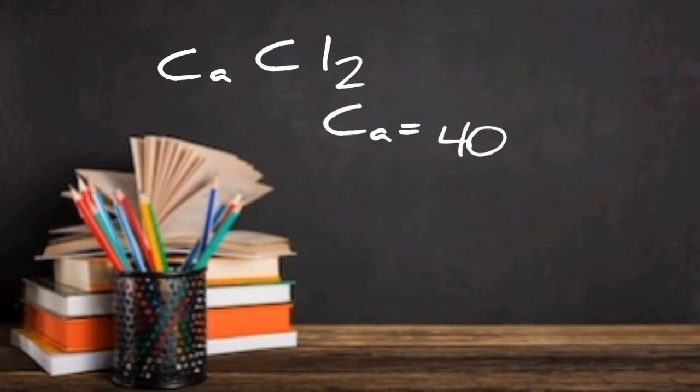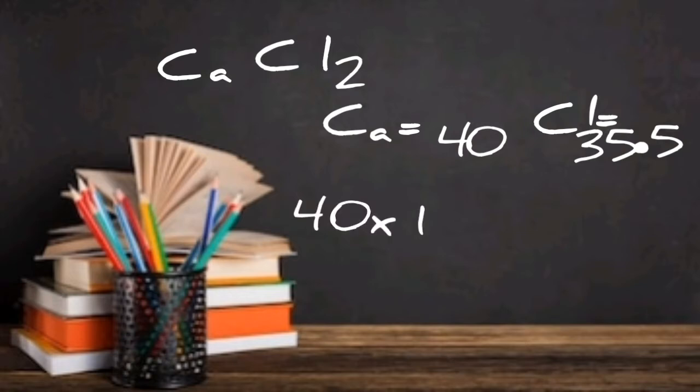So calcium chloride is CaCl2. The mass of calcium is 40, while the mass of chlorine is 35.5. Since there is just one atom of calcium here, we are going to say 40 times 1. And since there are 2 atoms of chlorine, we are going to say 35.5 times 2. So 40 times 1 is going to give us 40.